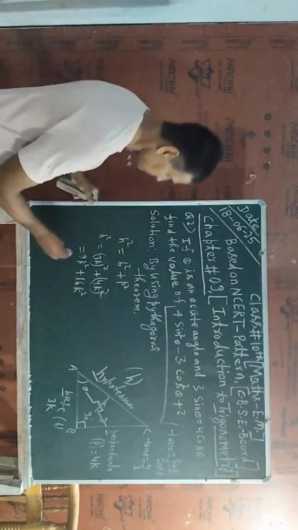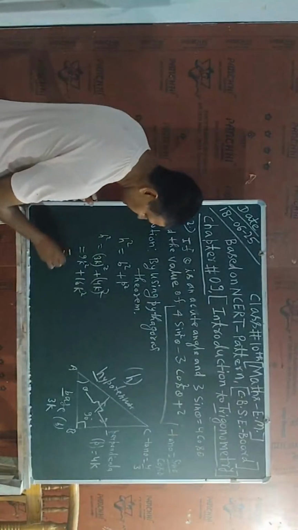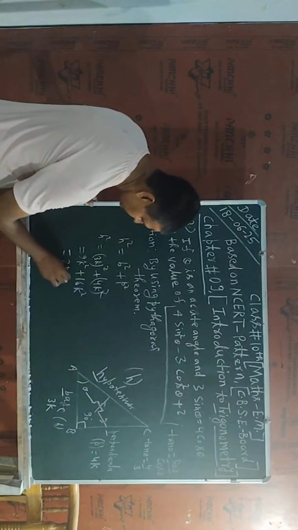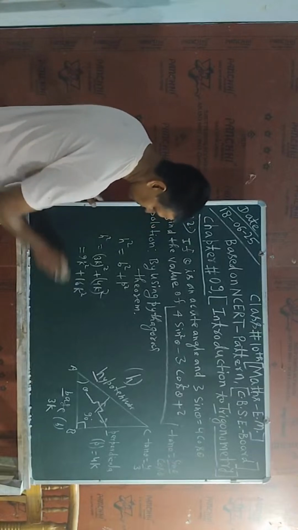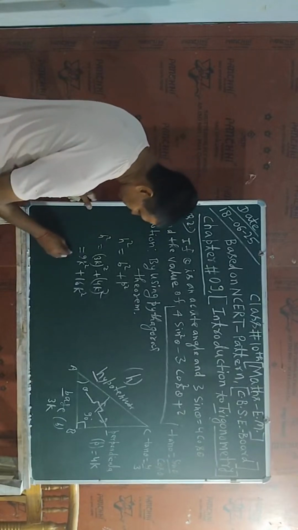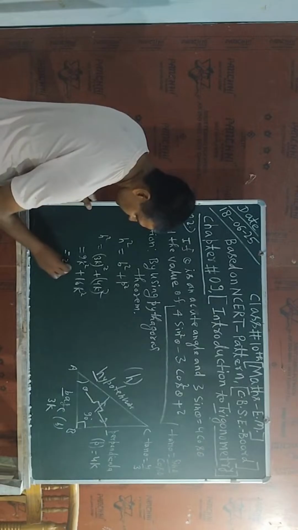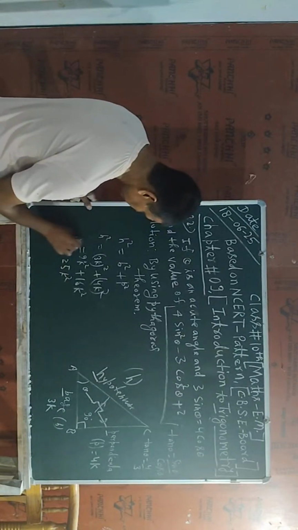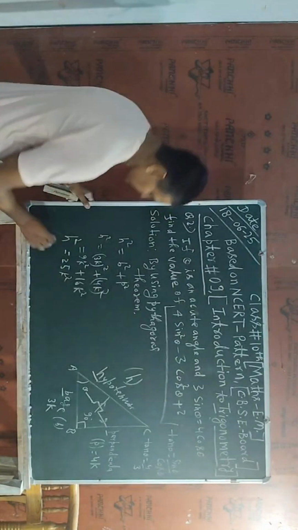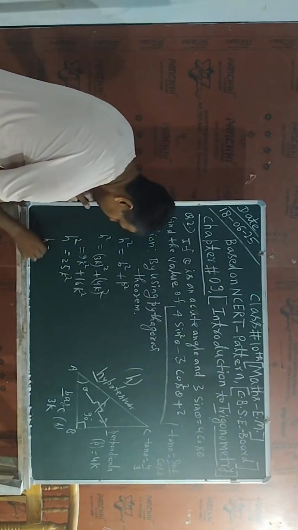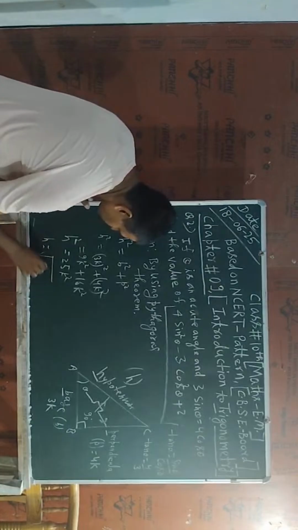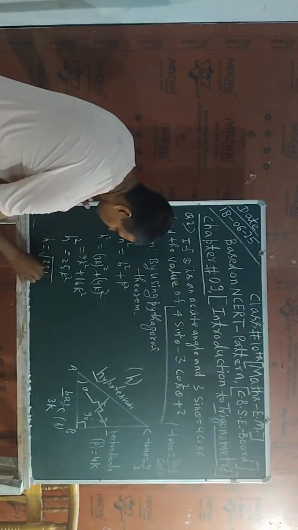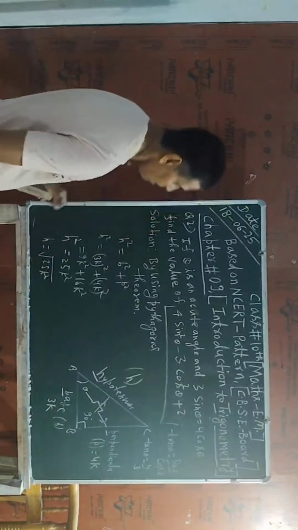So I will add 16 plus 9, that will be 25k square. So here h square is equal to 25k square. Further I will put the value of h, that will be square root of 25k square.